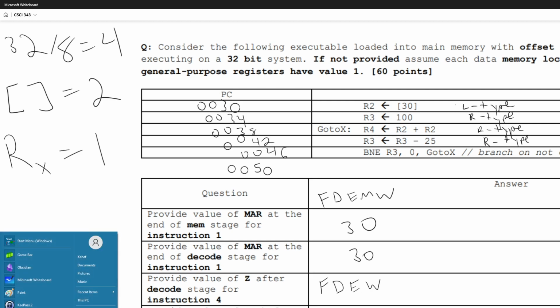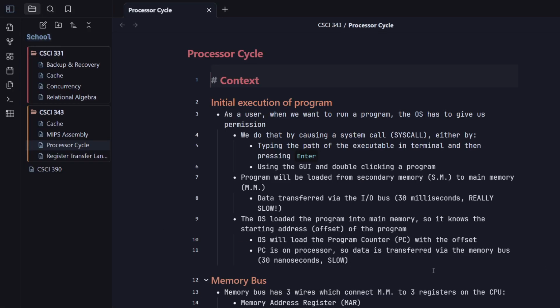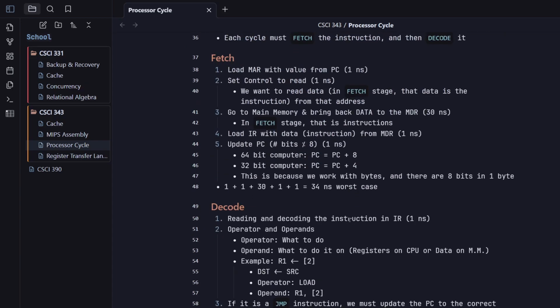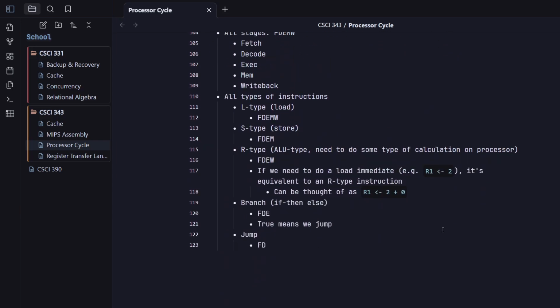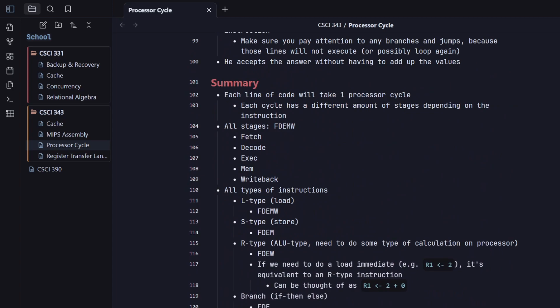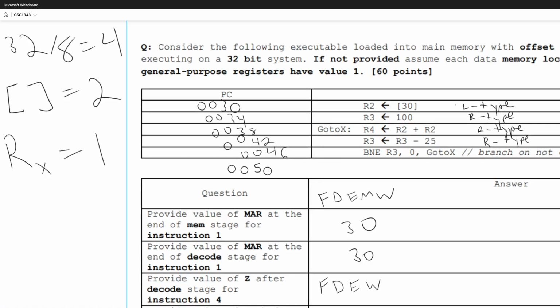I don't even know if that's true. Yeah, fetch, decode, exec, write back. Okay. Well, decode is just for the instruction itself. Oh, I'm confusing myself. The reason I needed to know is because I need to know what was in the Z register for this instruction, because it doesn't change yet at decode stage.